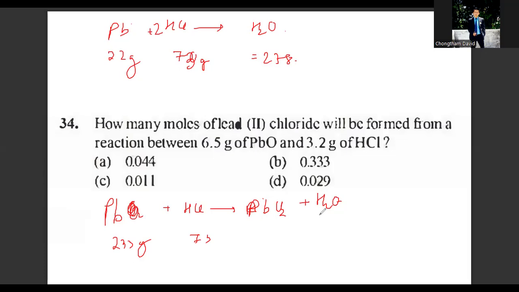Lead oxide, it would be roughly 0.09. This would be 207 plus 71. So the number of moles of lead oxide, you divide by the atomic mass, comes out to 0.029. The answer would be D.